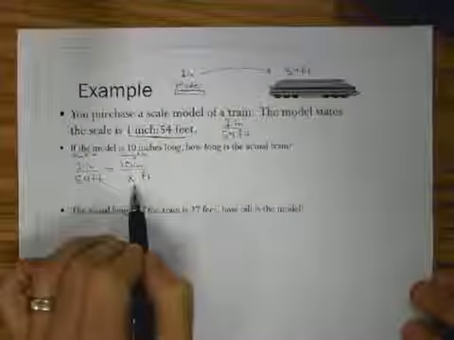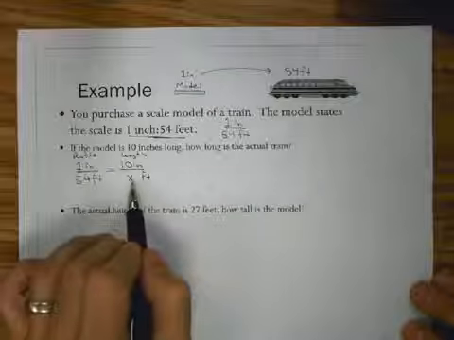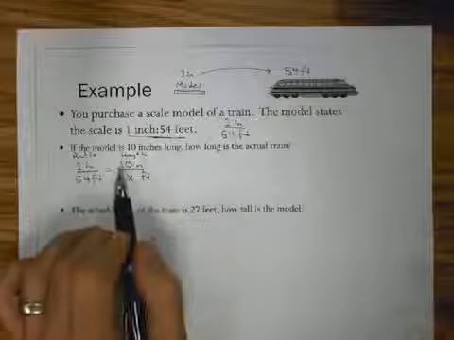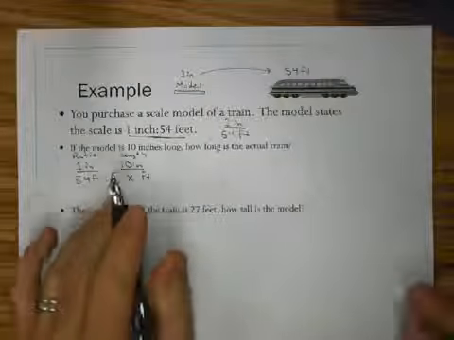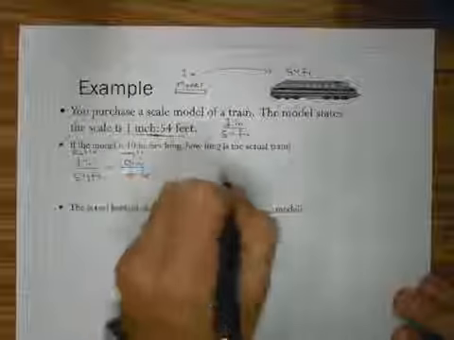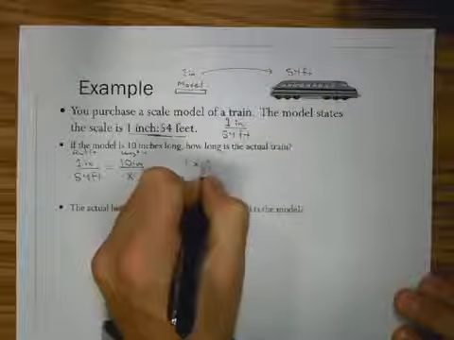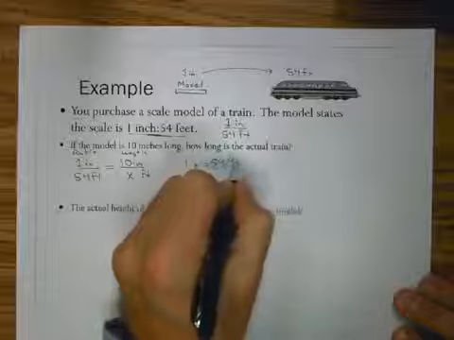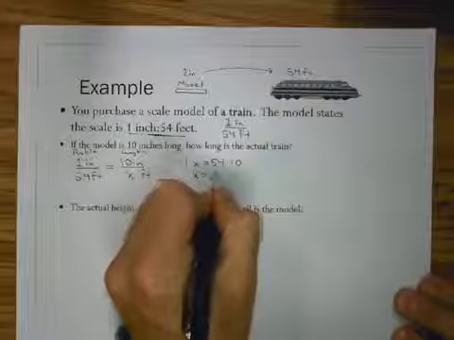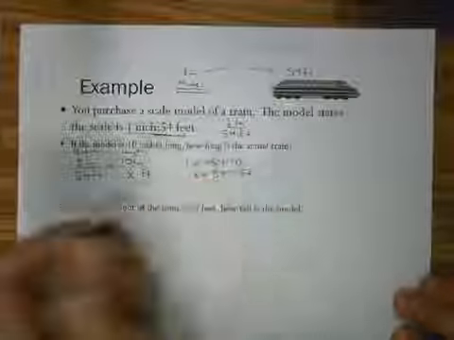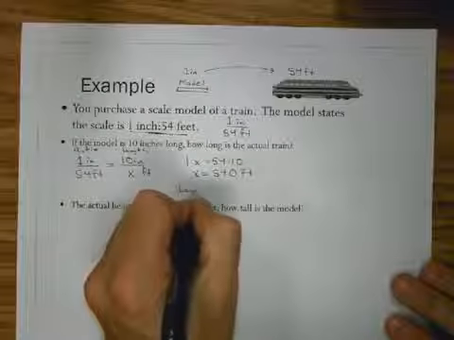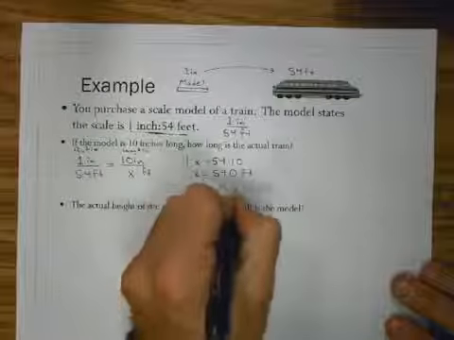Well, we can just do cross product. And before we do that, it's always good if you write that ratio and the units are different, you can use that to help you see that. 1 inch to 54 feet, well, inches need to make sure they go with the model. Now, it won't always be the case, but it's nice just to double check as we set up, because I definitely don't want to put 10 inches down here, because that would give me 10 inches on the actual object represents what in the model.